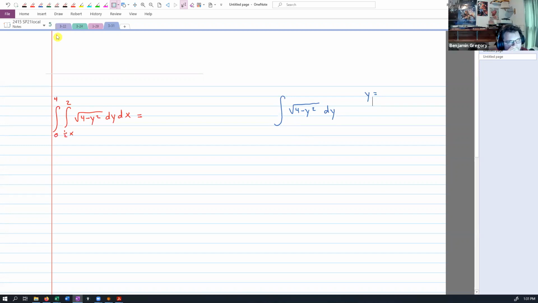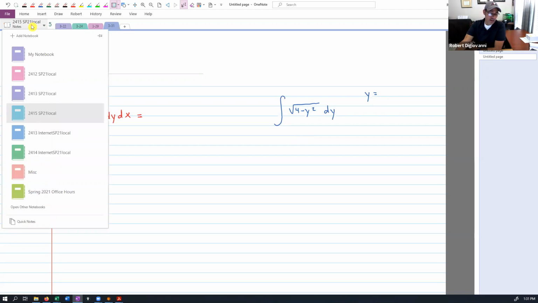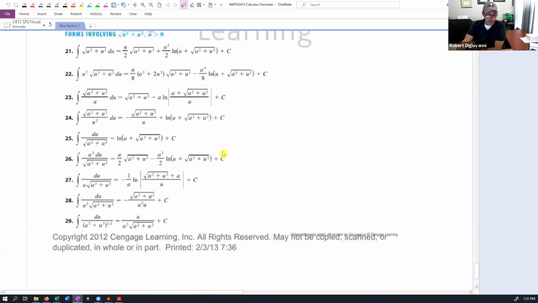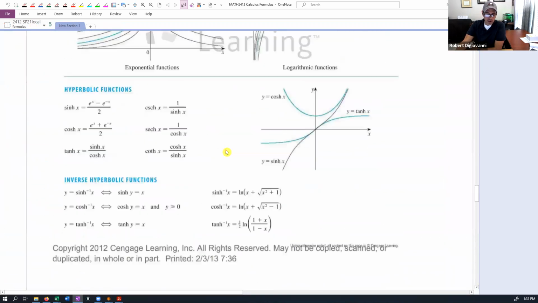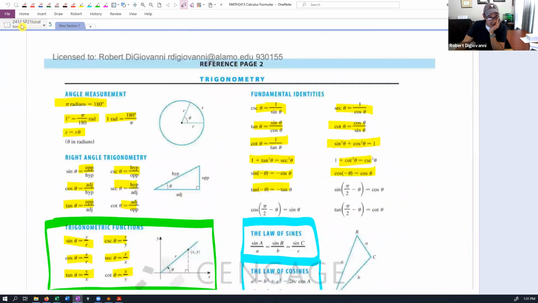Let me see. I'm trying to see if my formula sheets have it. I'm pretty sure they don't on the ones that you have for the class. Now I know my Cal 2 students, I give them a formula sheet that allows them to do the trigonometric substitutions.